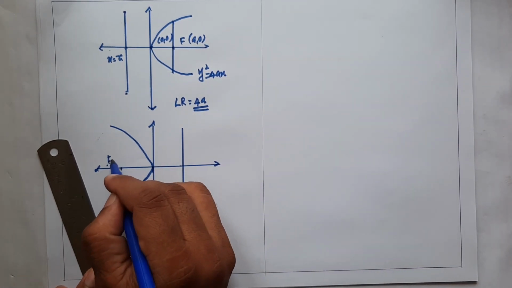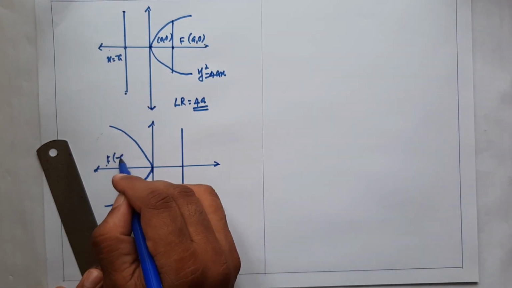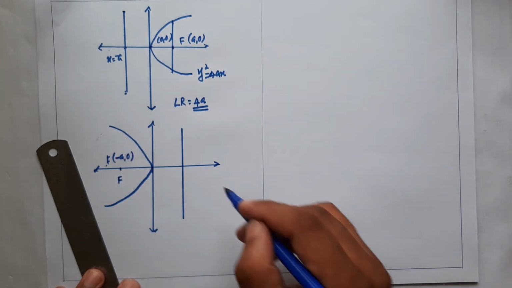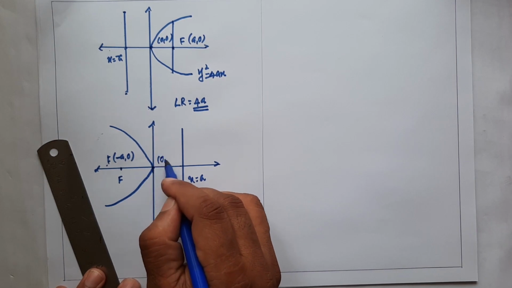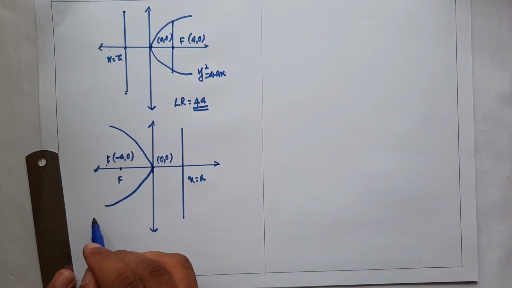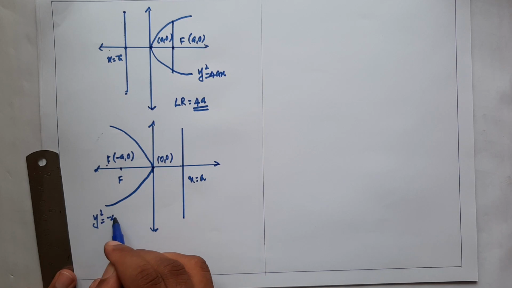The focus coordinate is (minus a, 0) and the directrix is x is equal to plus a. The vertex is the same, (0, 0), but the equation is y square is equal to minus 4ax.